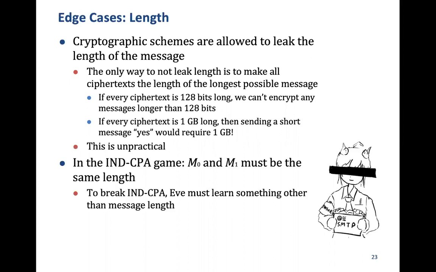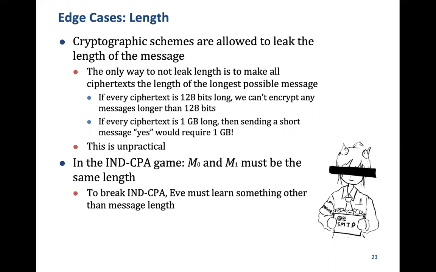So this algorithm should be able to disclose what the length of the message is. It means the length of the message can go in plain text also. However, in our game, in the IND-CPA game, we assume right now M0 and M1 must be of the same length. So in order to break this IND-CPA, Eve must learn something other than the message length.